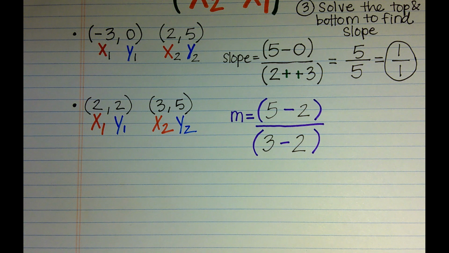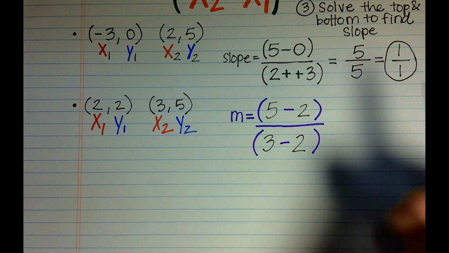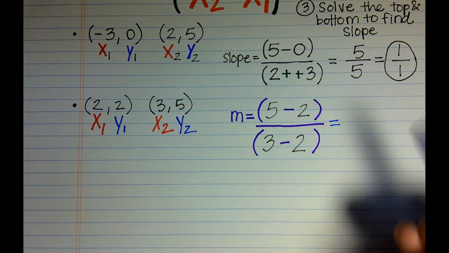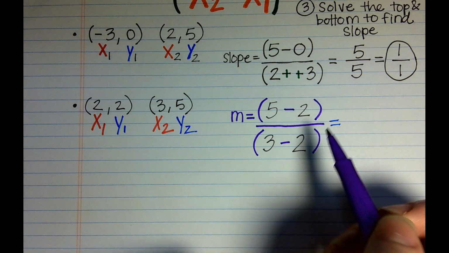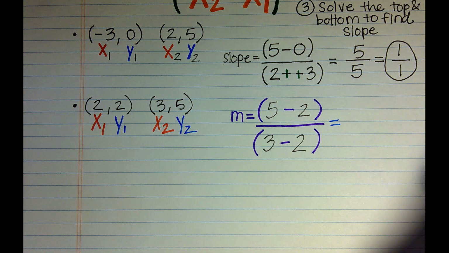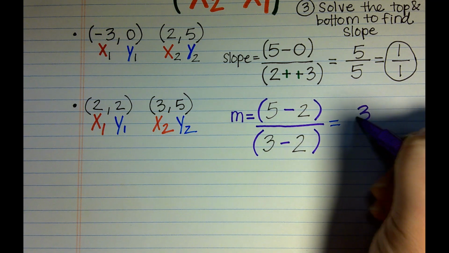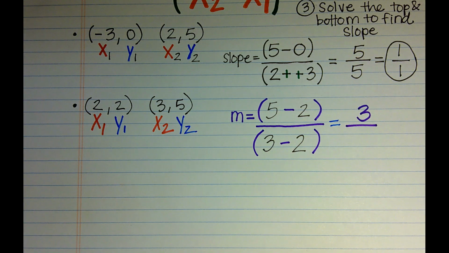Okay, so what do I do next? 5 minus 2 is 3. Now what? And 3 minus 2.